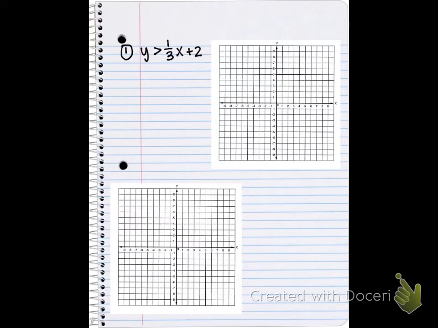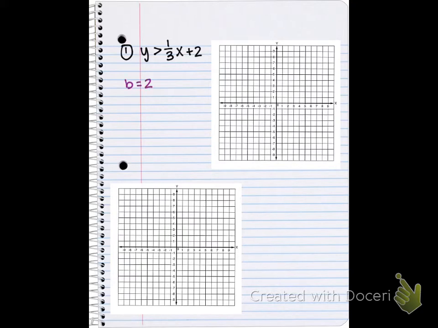Step 2 is to plot the y-intercept. This inequality is in slope-intercept form. Can you see how we have y is greater than mx plus b? So we can just look for b in this inequality, which would be 2. If you'll just write b is equal to 2 so we know.